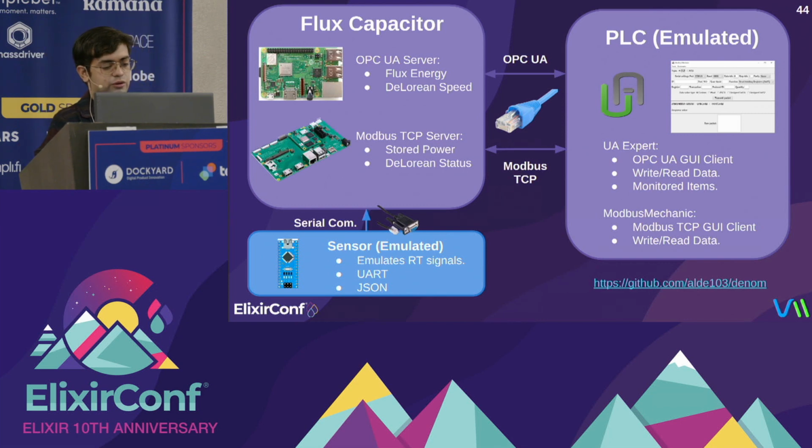And the PLC will be emulated by my computer with a graphic interface that I would like to share in a couple of minutes, but it will be complicated. But yeah, I will connect the Raspberry Pi through Ethernet, and the communication will be done.